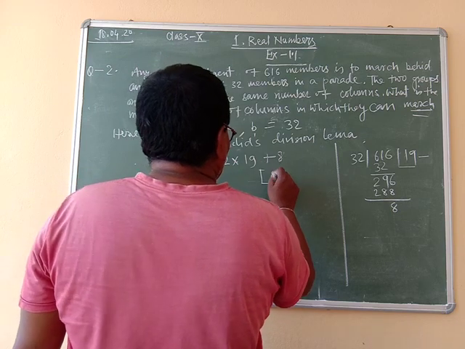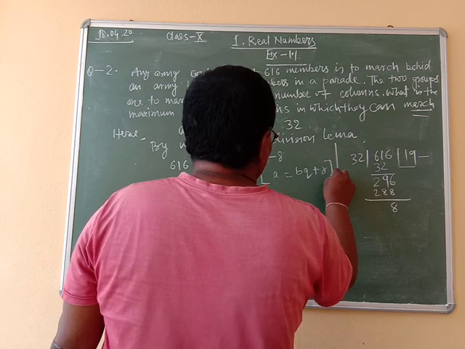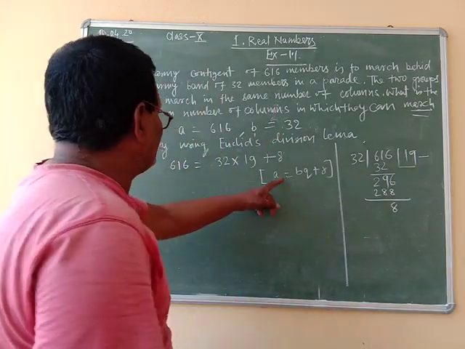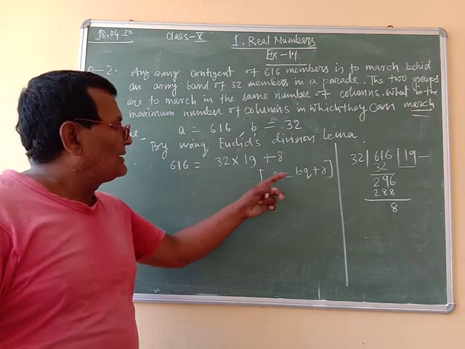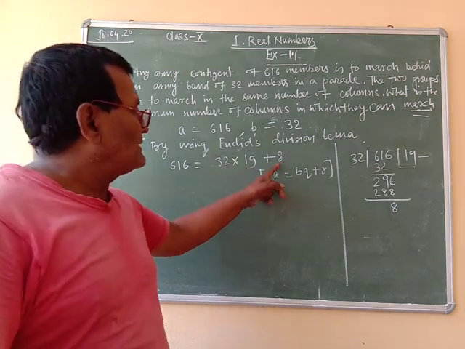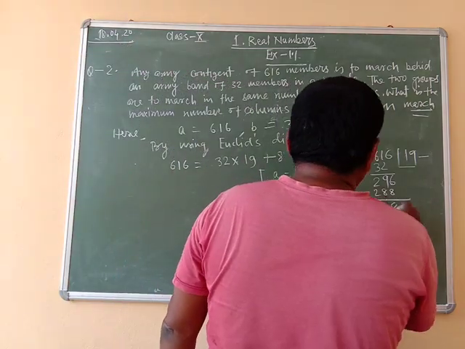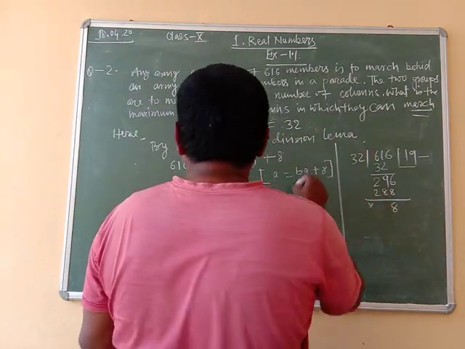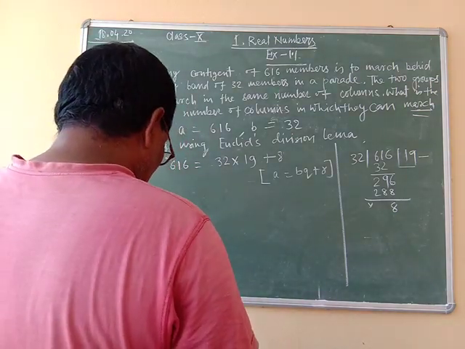Dividend equals A equals BQ plus R, where A is equal to 616, B is equal to 32 and Q is equal to 19, R is equal to remainder. Here remainder is 8.